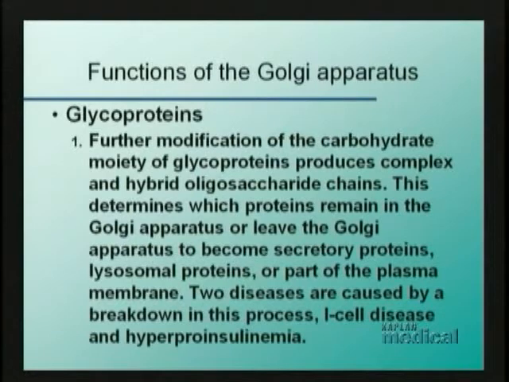And two disease processes result from enzyme deficiencies that are missing in the Golgi apparatus. And in both of these cases, the appropriate enzyme-based proteins are sent to the wrong destination or are merely secreted out into the bloodstream. And these two disease states that are Golgi-based are I cell disease and hyperproinsulinemia.